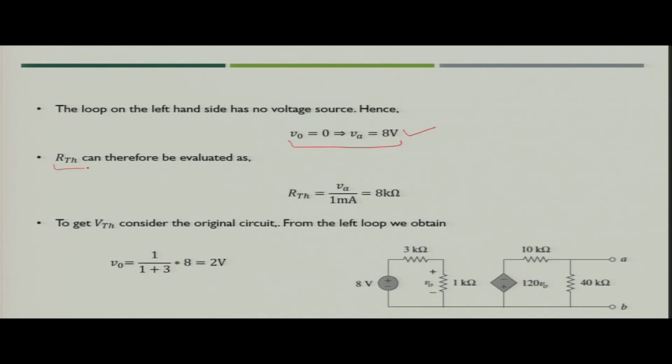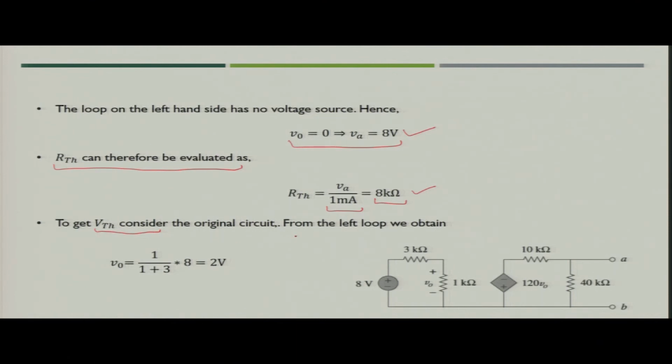Then what would be the value of Thevenin resistance? Thevenin resistance RTH is nothing but V A divided by 1 milliampere, and RTH will be equal to 8 kilo ohm. Now, the next task would be finding out the value of Thevenin voltage.